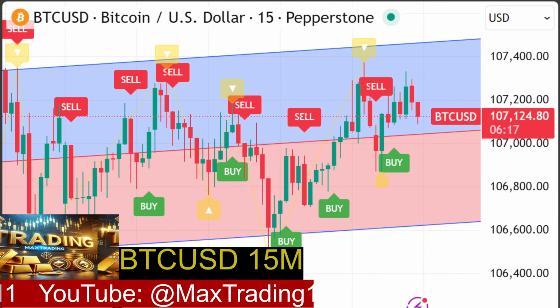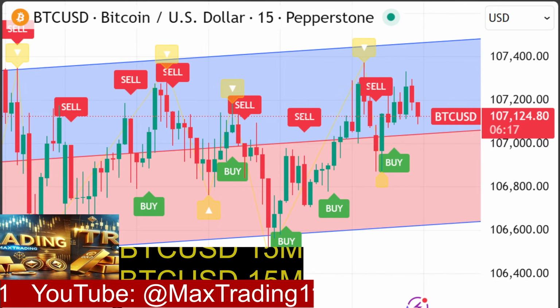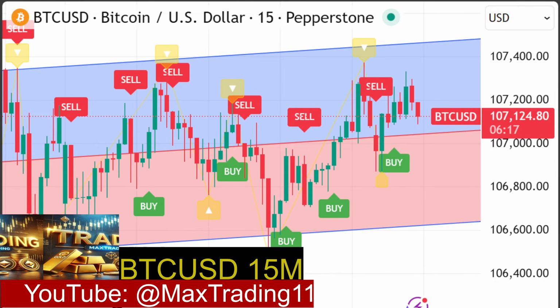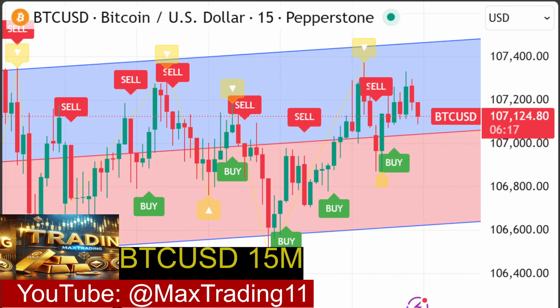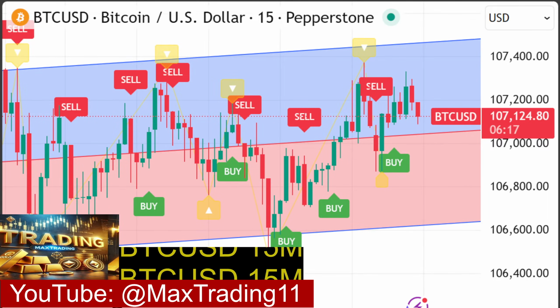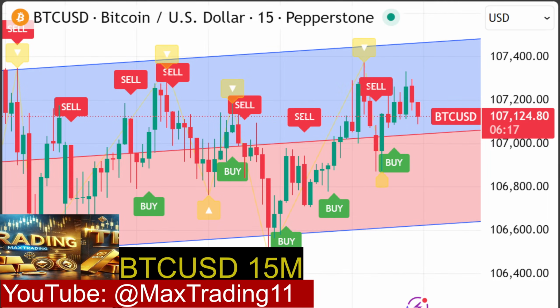The second confirmation comes from the zigzag turning points, specifically when a downward retracement ends at a higher low, followed by a green buy marker appearing at the lower boundary. That combination represents structural alignment between momentum, trend, and reversal probability.